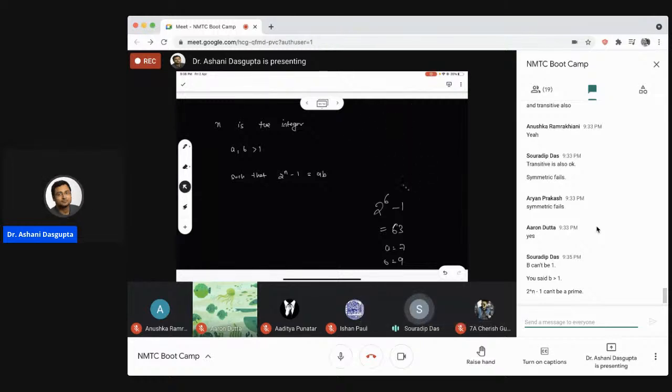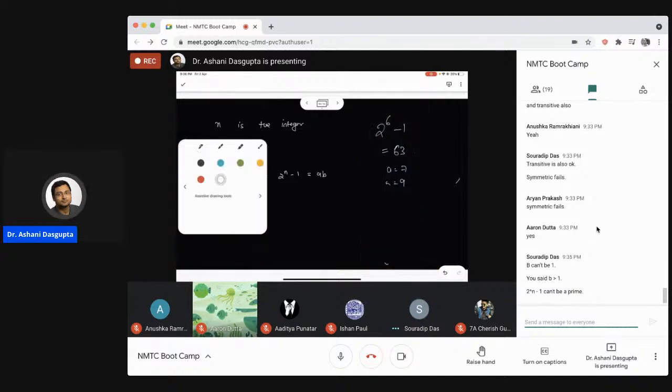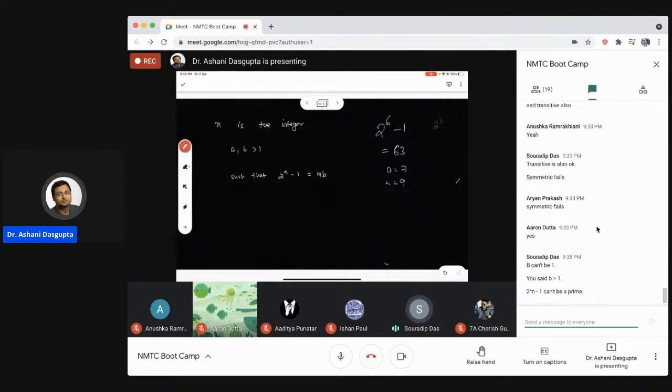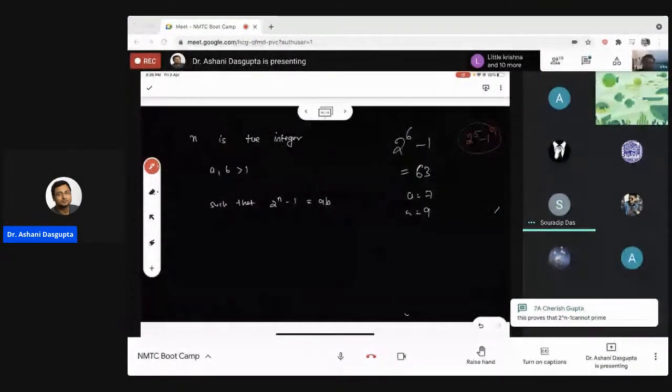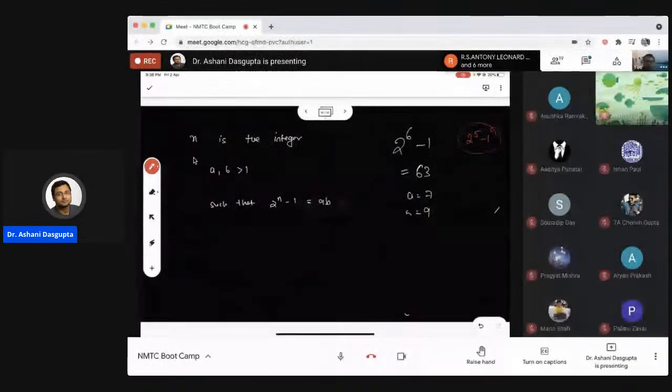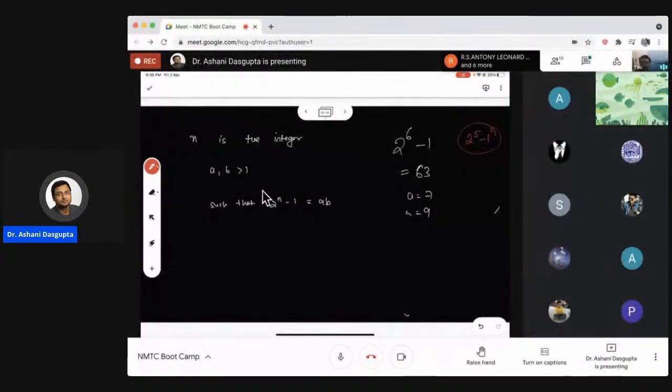So 2 to the power n minus 1 cannot be a prime number here, because a and b are both greater than 1. In this case, of course, we are not allowing prime numbers. Yes, that's correct. Okay, so we have this thing going on.